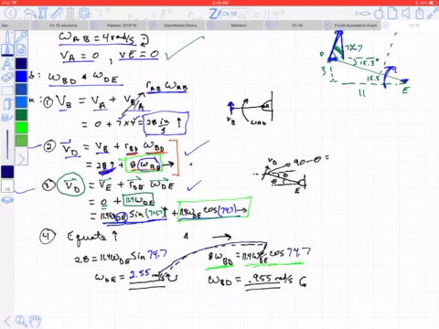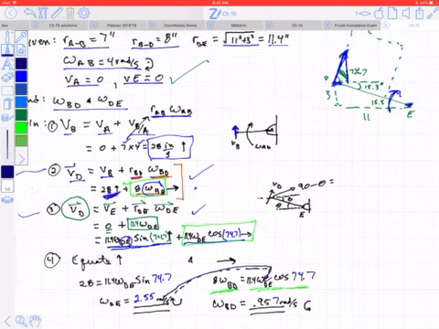So I'm going to do the math now. 2.55 times 11.4 times the cosine of 74.7 divided by 8 equals 0.957 radians per second.